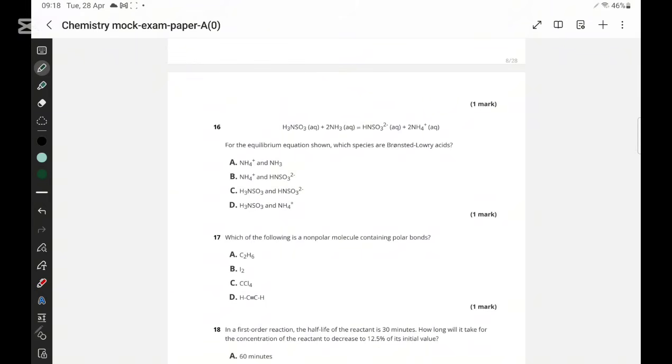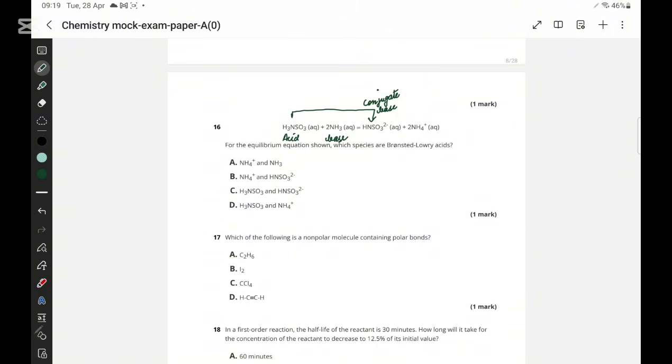In this question, they are saying for the equilibrium equation shown, which species are Bronsted-Lowry acids. So first of all, we can see this is an acid and this is going to be a base. When an acid loses a proton, what it becomes is a conjugate base.